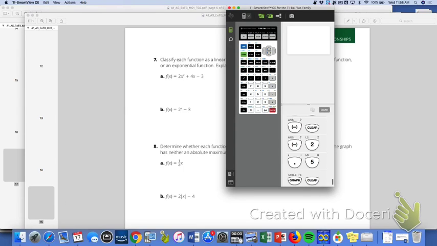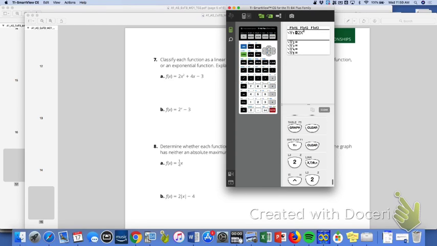So I'm going to type in y equals on my calculator and clear out the one from before. Now I'm going to type 2, my little alphabet soup button, x. How do I get that little exponent? My caret, raised to the 2.